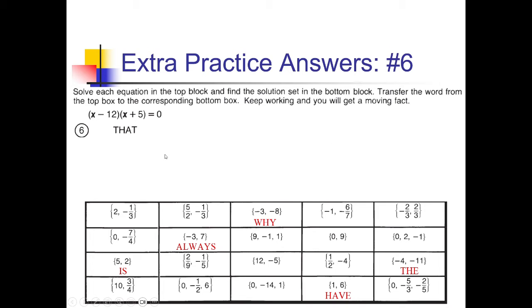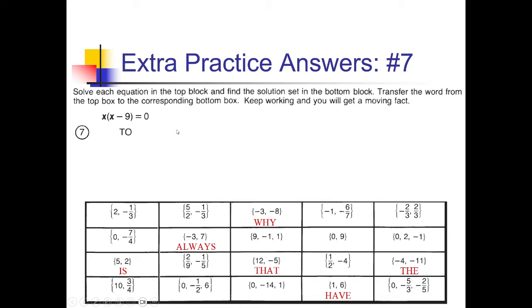For this one, I'm going to set x minus 12 and x plus 5 both equal to 0. Adding 12 gives me 12 for an answer. Subtracting 5 gives me negative 5 for an answer. So 12 and negative 5, that's right here, which is the word that. This next one is almost so easy it's hard. We have to set each of these factors equal to 0.